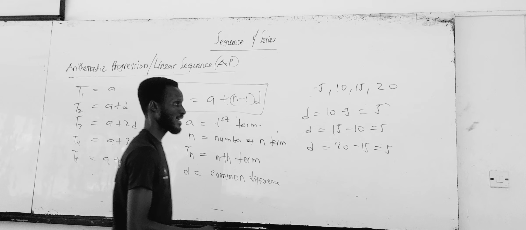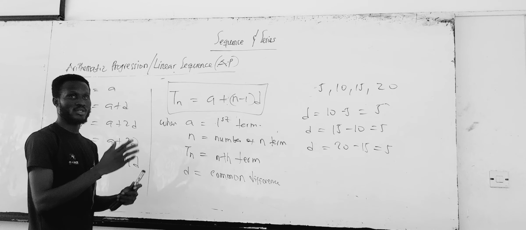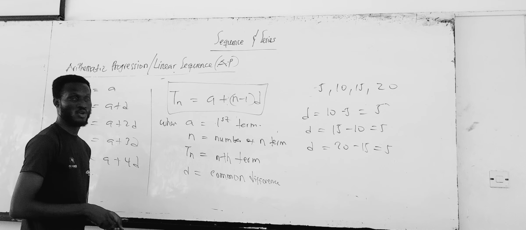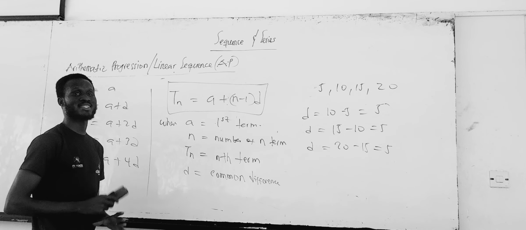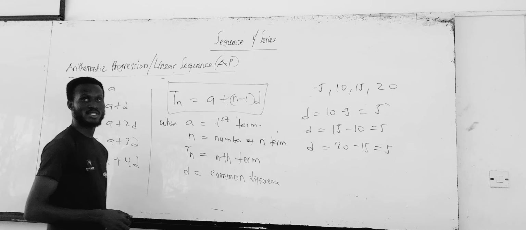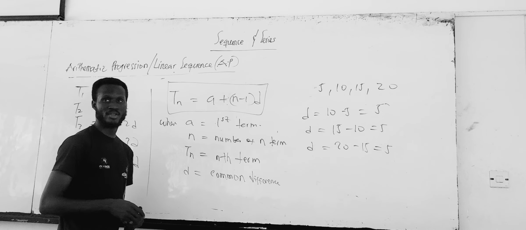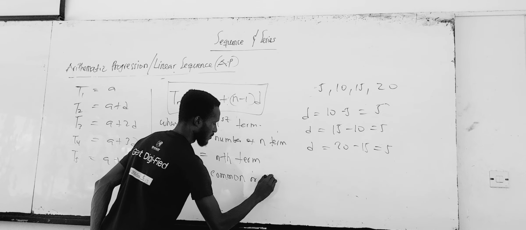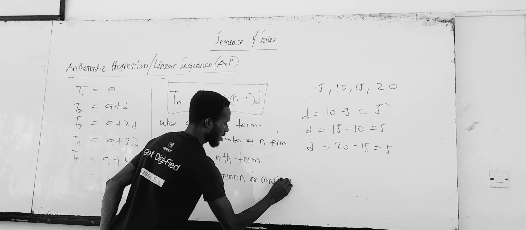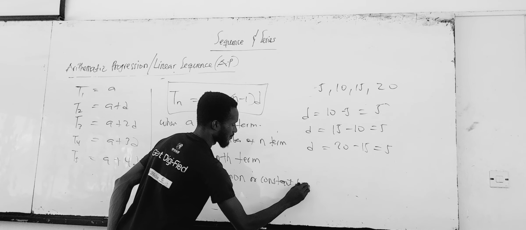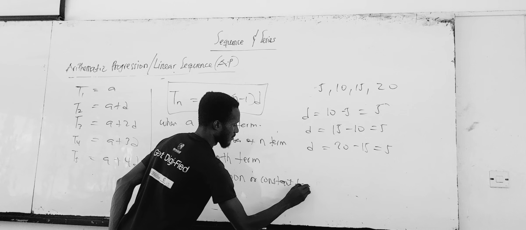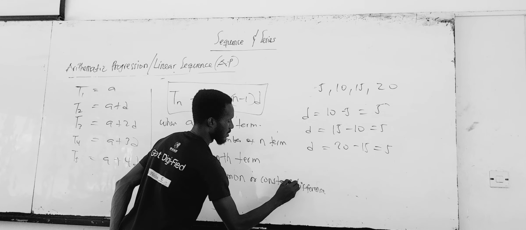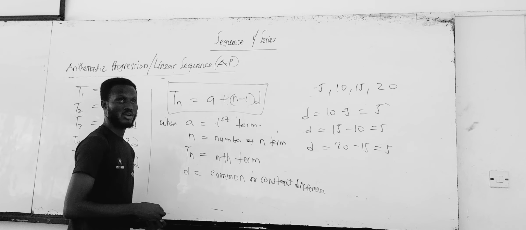Since it is giving us 5, 5, 5, we call this one the arithmetic progression or the linear sequence because it has a common difference or a constant difference.